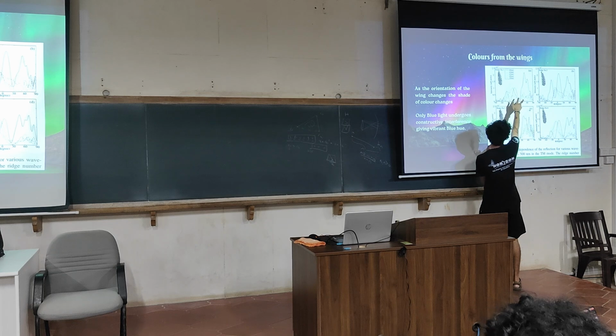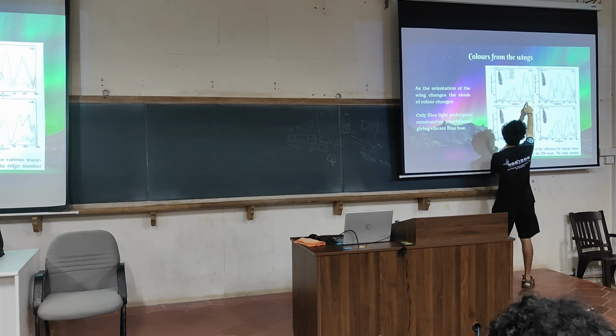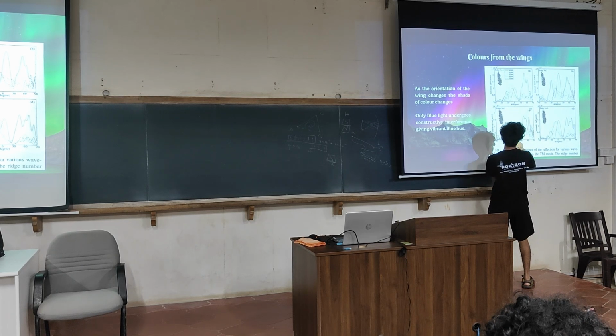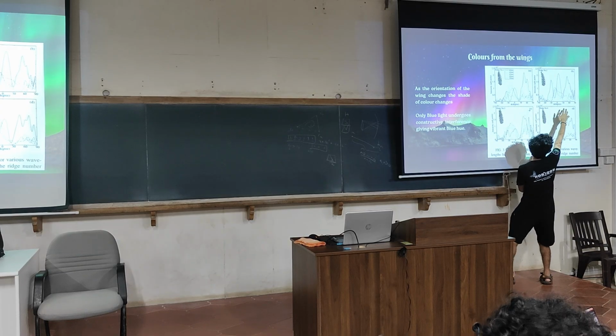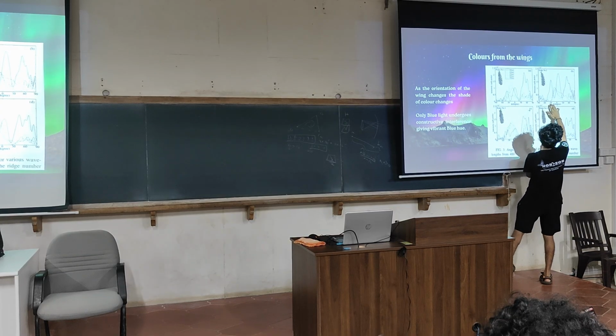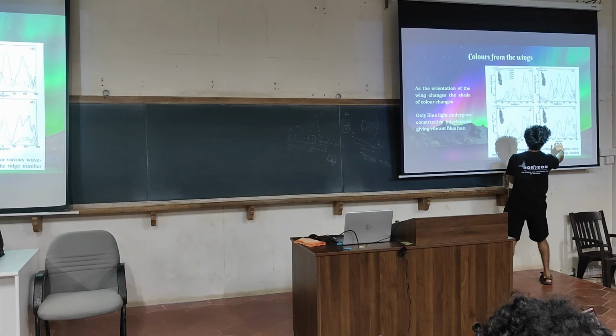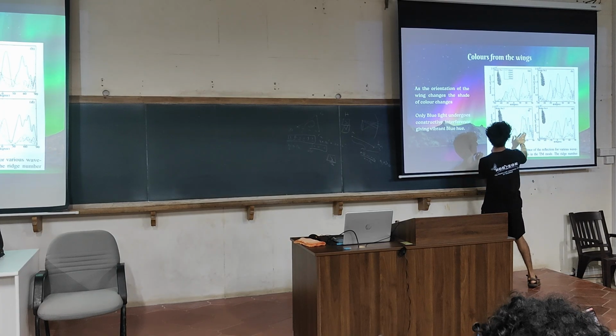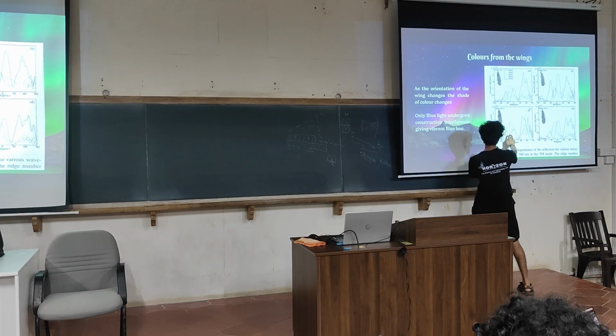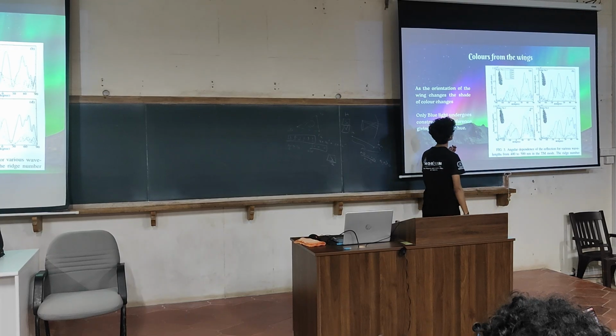So different ridges are giving me a maximum intensity of blue light at different angles. So here it's at 60 degrees. Here it's sort of evenly distributed between -30, 0 and 30, and here again it's somewhat distributed, and so here it's the same like that.